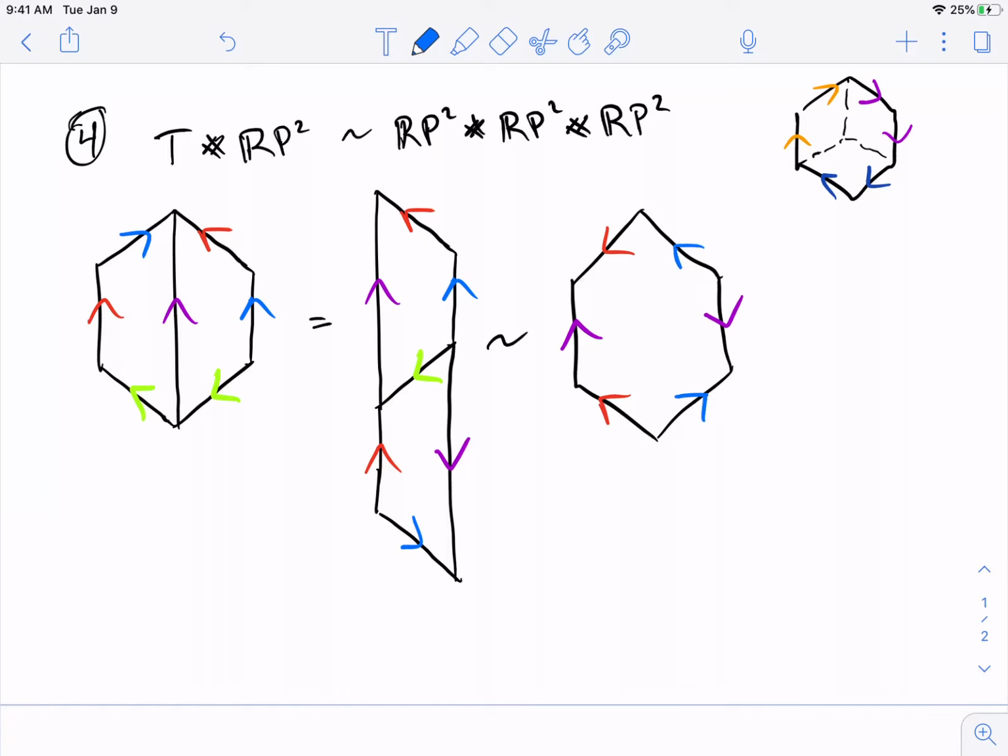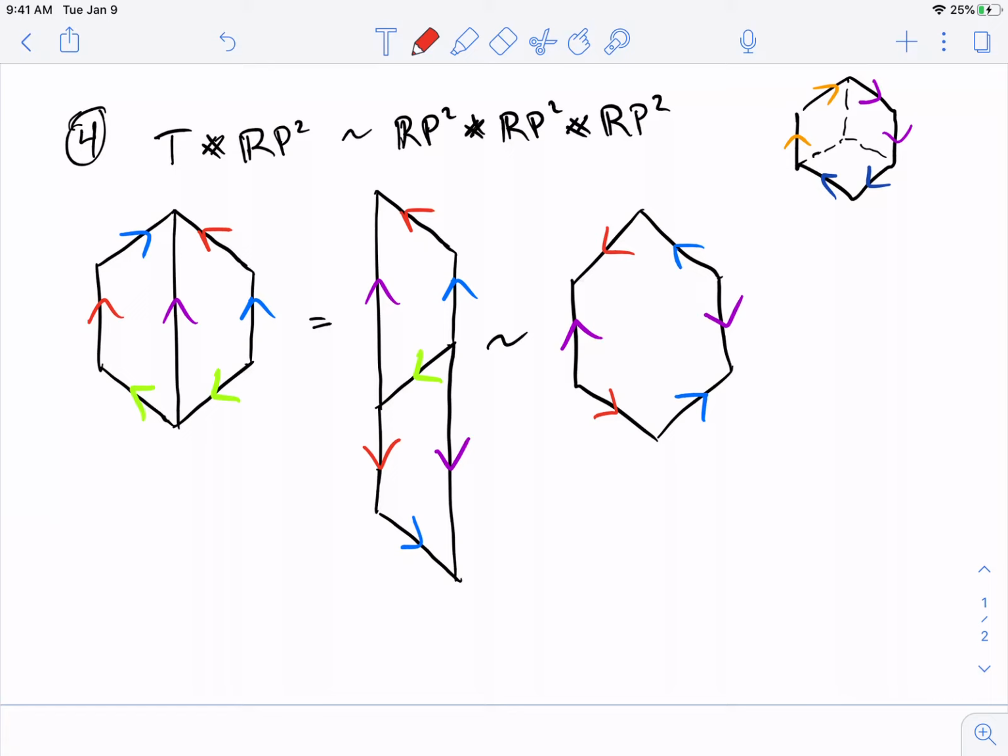Hopefully I haven't made a mistake here. Let's see. I think I have made a mistake, actually. I forgot to flip the red arrow. So this should have been pointing down, which means this should have been pointed counterclockwise. Now I think it should be correct.